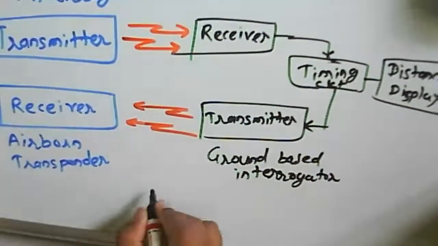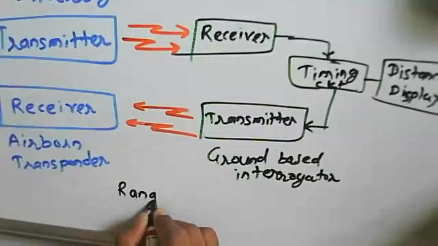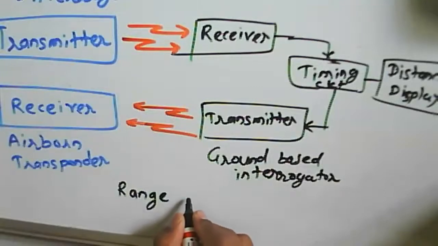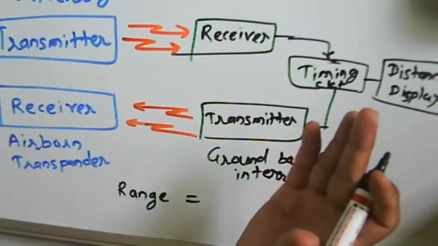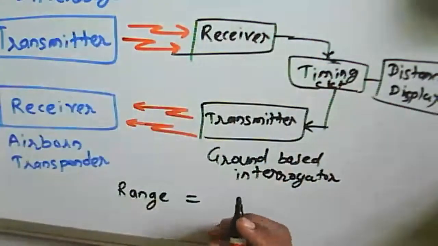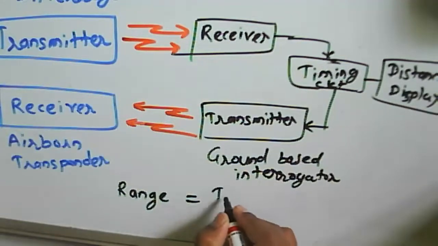Okay, so we can say that in that case, generally we define the range from the DME system to your aircraft. So that's why we need to know the timing, at what time that signal is to be transmitted.